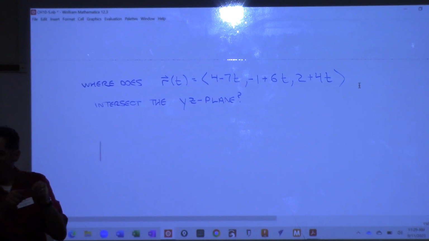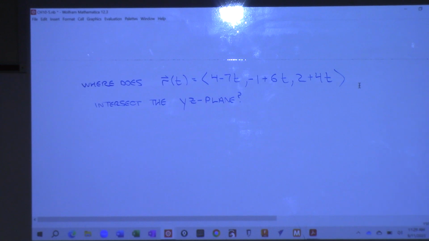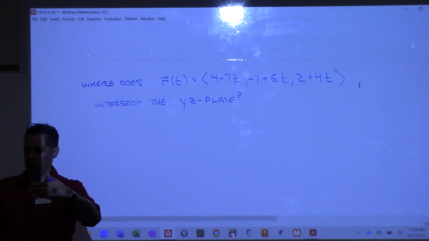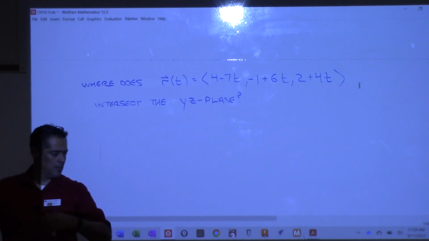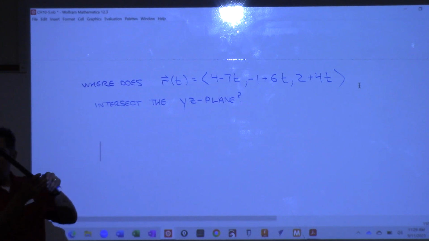4 minus 7t equals 0. So what are you doing? Instead of an answer, what do you need to do? Explain to me. 4 minus 7t is 0, because that's where your YZ plane is, it's where x is 0. So where this line hits the YZ plane, your x coordinate has to be 0, right?